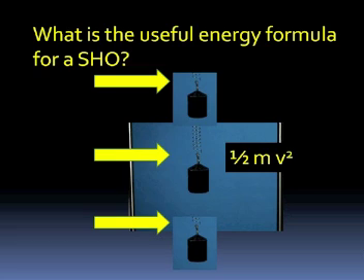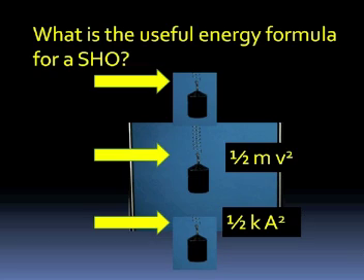As it passes the equilibrium position, all the energy is 1/2 mv squared. At the maximum extension, which we call A, the amplitude, it's 1/2 kA squared, k being the spring constant. I set those two equal to each other: 1/2 mv squared equals 1/2 kA squared. Make sure you know how to do that.